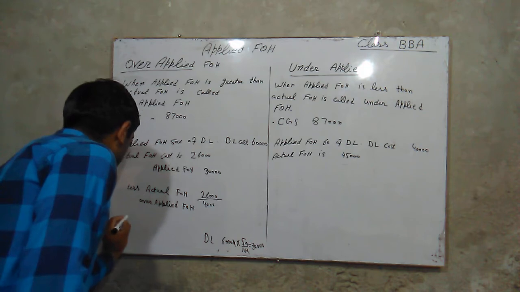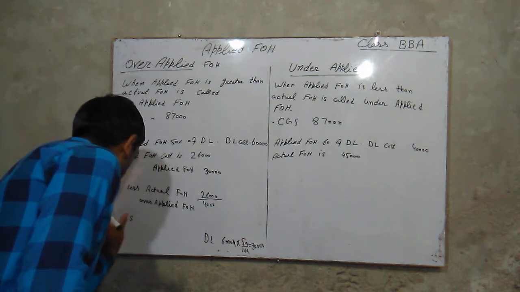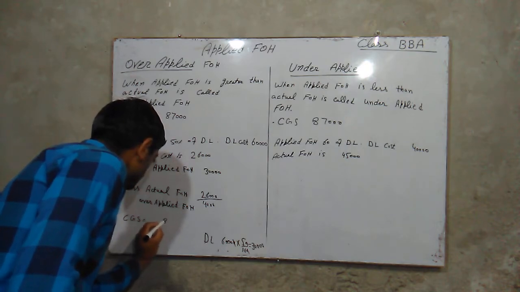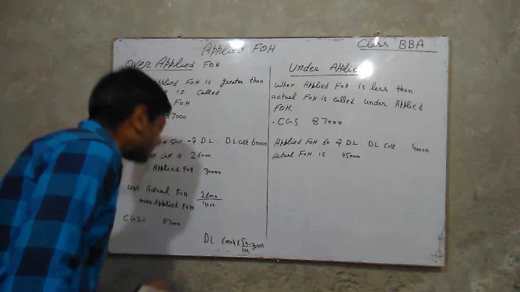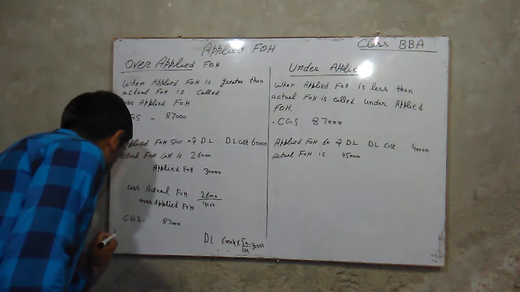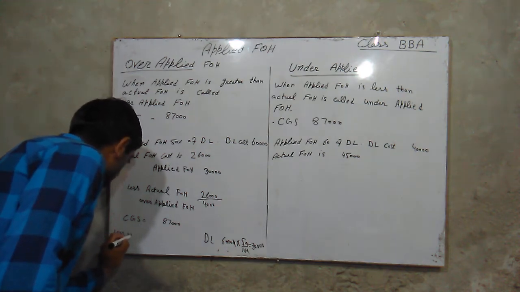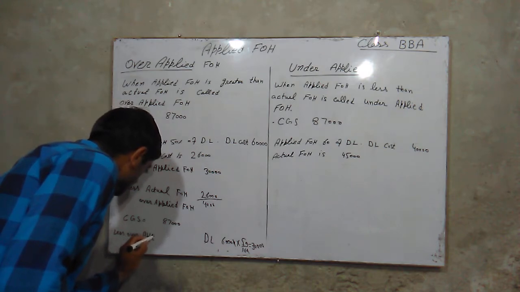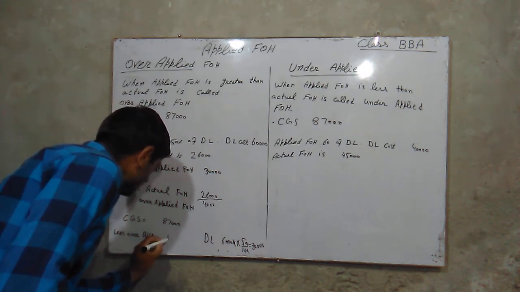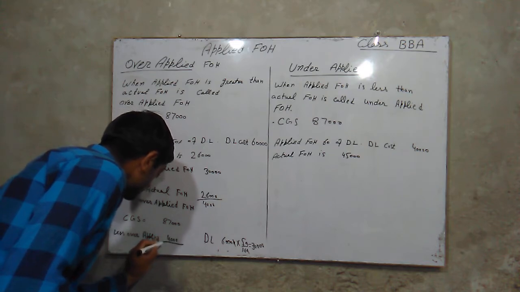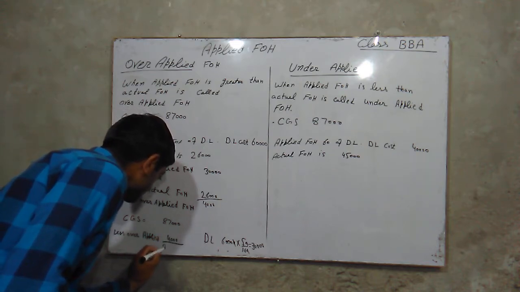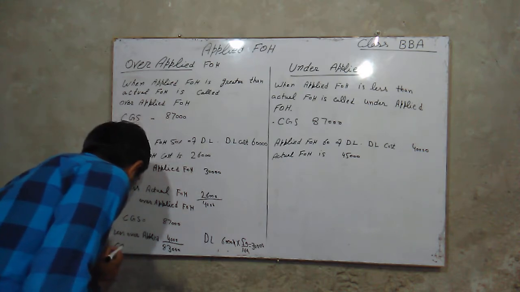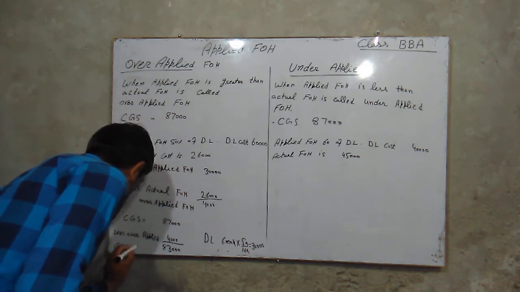Our treatment here: the value is 87,000, so we subtract the overapplied amount. So the answer is 83,000 cost of goods sold, actual.